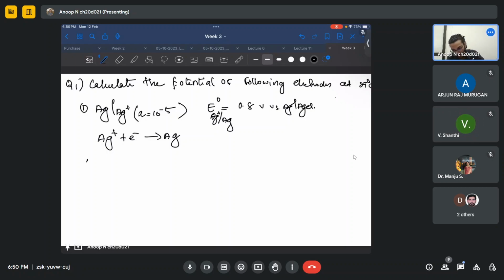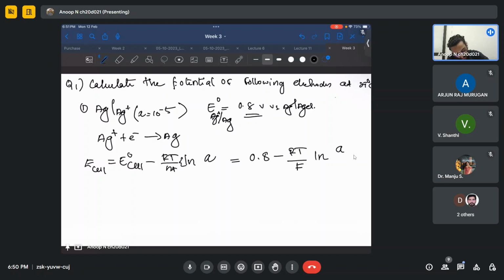So E cell is equal to E0 cell minus RT by nF ln of sigma activity. So how can I write? It is equal to 0.8 minus, it's a single electron process, RT by F ln of, I have written it in the reduction form, activity of Ag divided by activity of Ag plus. Ag is in the solid form, so I will take it as 1.